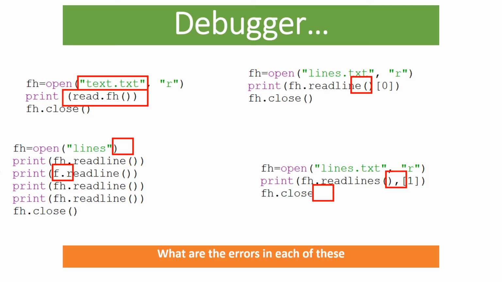We've also got FH, and the H is missing on the left-hand side. If we look at the ones on the right-hand side, the first one at the top should be fh.readlines, and then the bottom two, we've got fh.readlines and a comma, which shouldn't be a comma there, and then fh.close, which has the brackets missing.